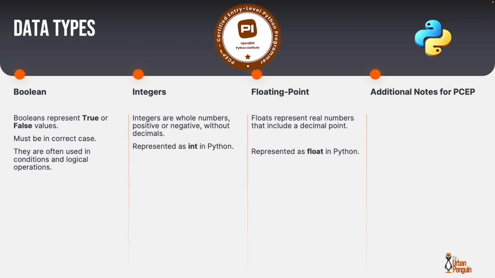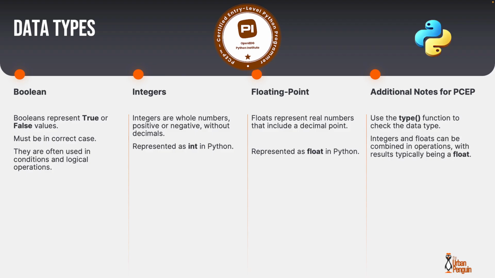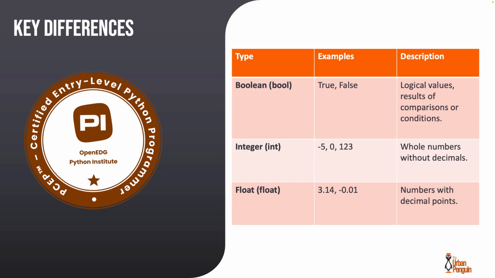When we look at some additional notes on this for the PCEP exam, we can use the type function to check the data type. And if we're going to combine integers and floats together, they can, and typically they're going to produce a float as the result. When we're looking at the key differences to summarize some of this, we can see then that our Boolean is going to be true or false.